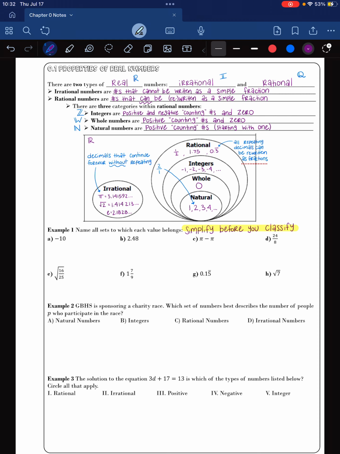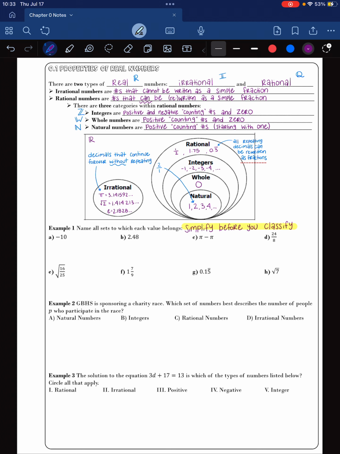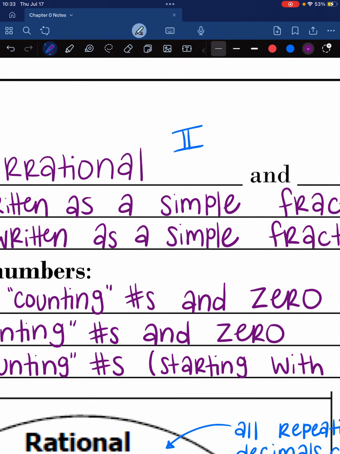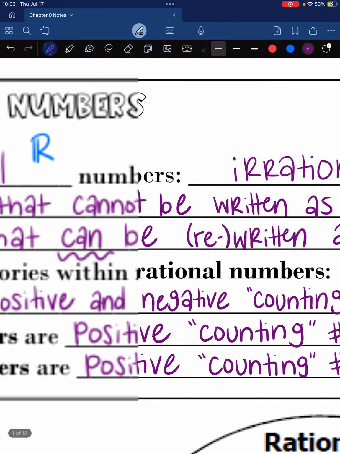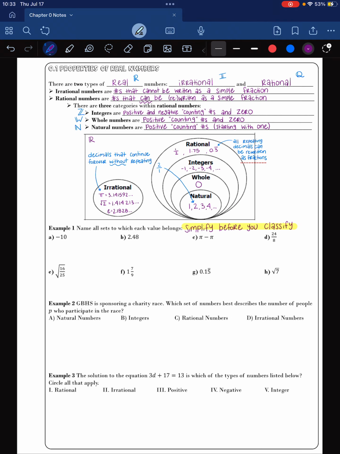And these little blue letters that you see above real and irrational and rational are just abbreviations, so we don't have to write out the whole word every time. They're kind of fancy letters, right? We can see this I, this R. We call those double struck, so that we can tell it's talking about a whole set of numbers, and it's not just acting like a variable.